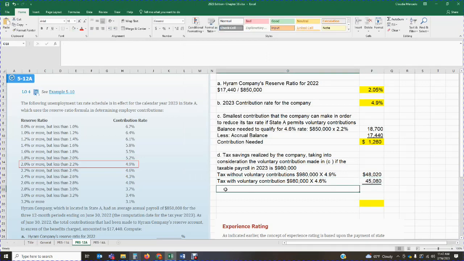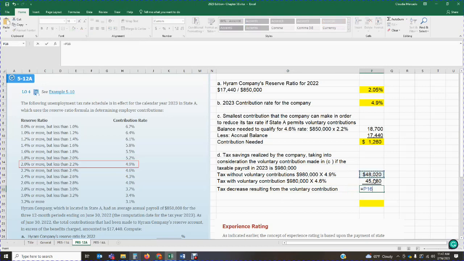That would have resulted in a tax decrease resulting from the voluntary contribution. If you subtract the 45,080 from the 48,020, that would have resulted in a reduction of $2,940 in contribution.